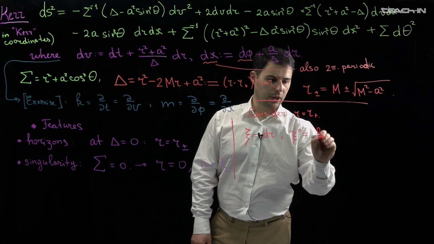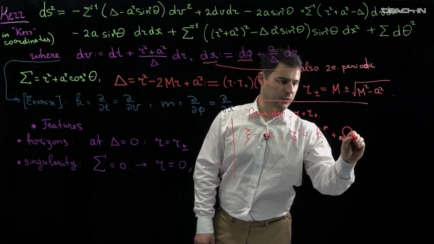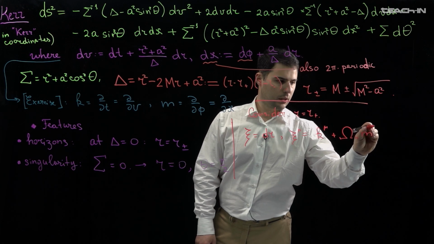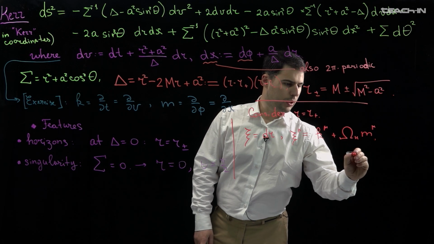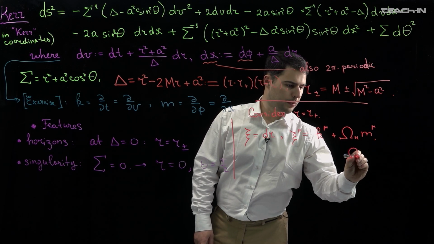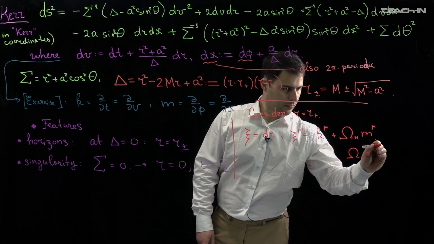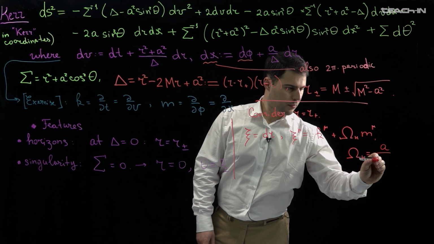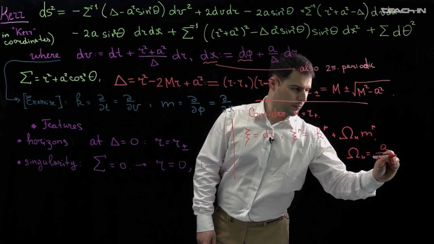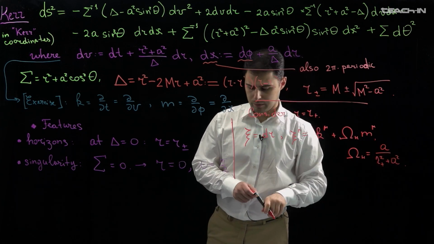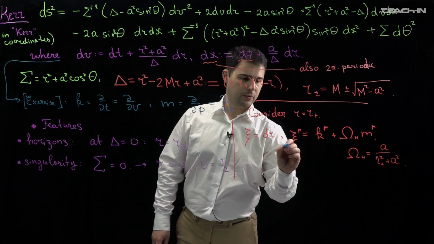It's given by k mu plus some constant times m mu. The constant is given by... checking this remains an exercise.